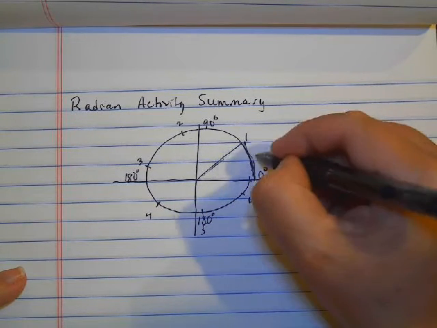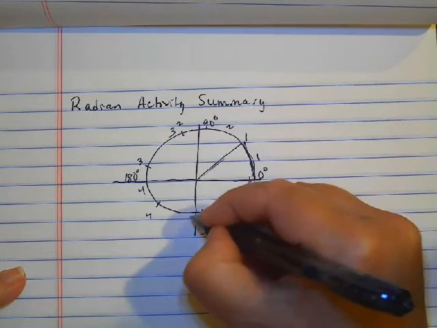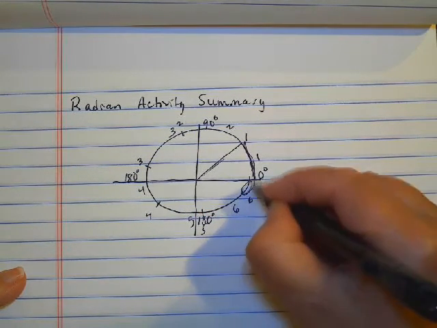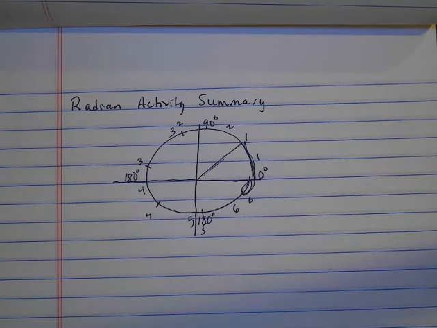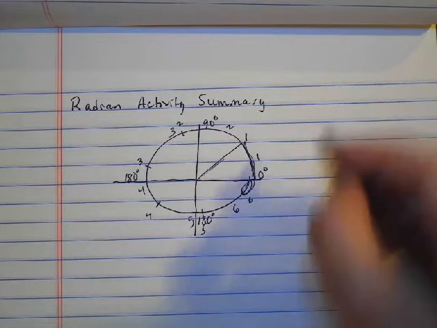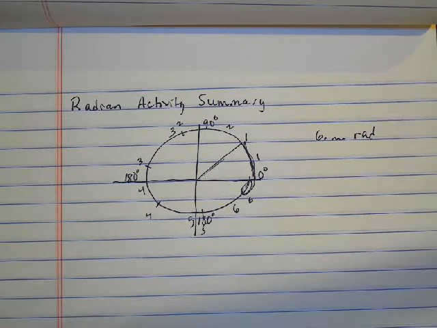So that it ended up happening 1, 2, 3, 4, 5, 6, with a little bit of leftover in the end. So you can kind of see how there are 6 point something radians in a circle.